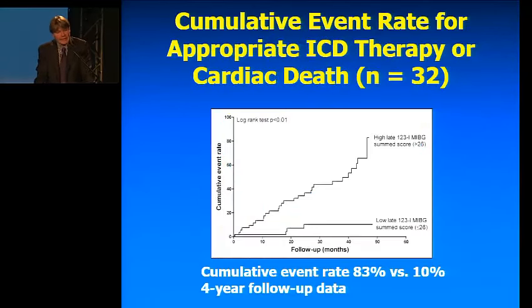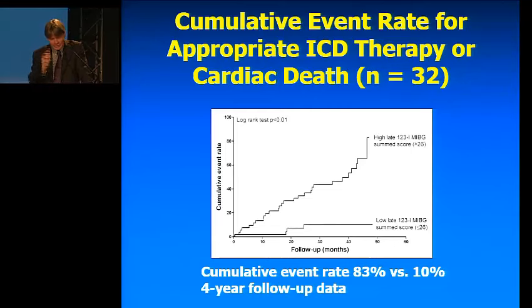When we looked at the differences between a big MIBG defect and a small MIBG defect, so a lot of denervation or very little denervation, we saw that the ones with a lot of denervation actually had the highest event rates of ICD therapy.